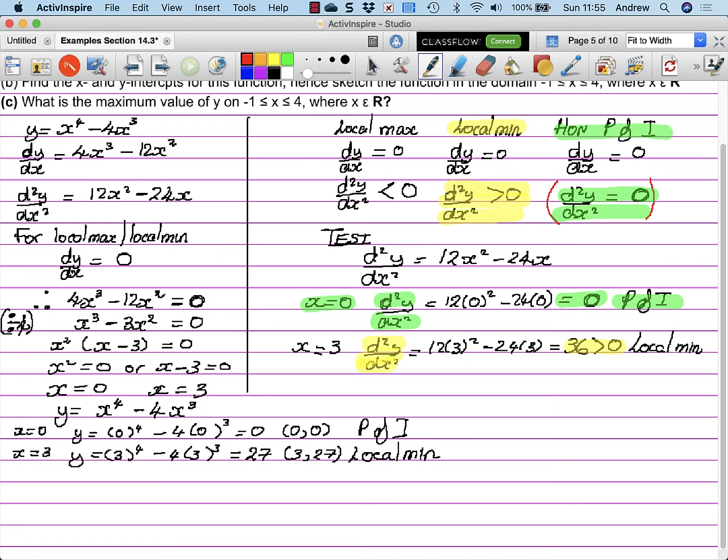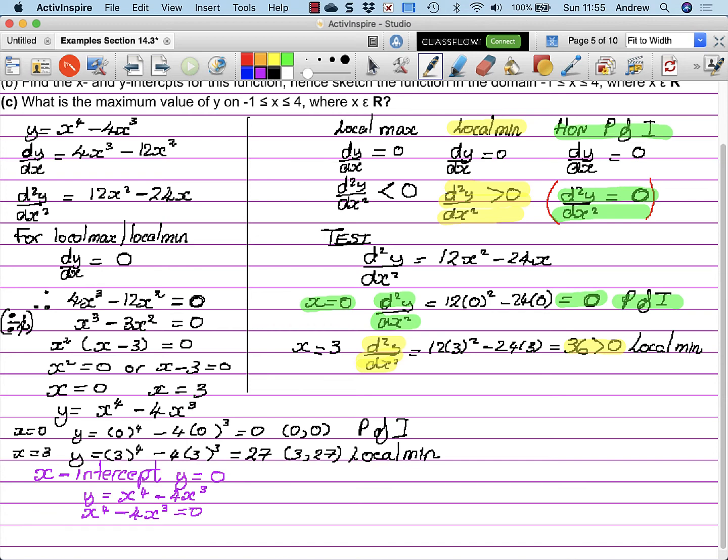So we'll do some different colours so it stands out. So we've got x intercept means where does it cut the x-axis, and we know it cuts the x-axis when y is equal to 0, and we know that y is equal to x to the power of 4 minus 4x cubed. So we're looking at x to the power of 4 minus 4x cubed is equal to 0.